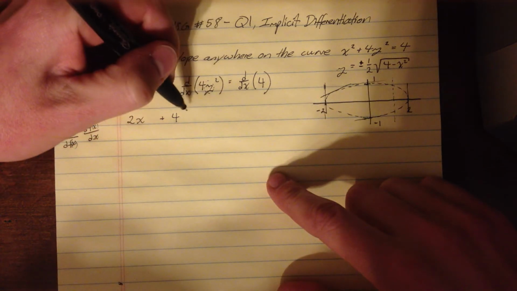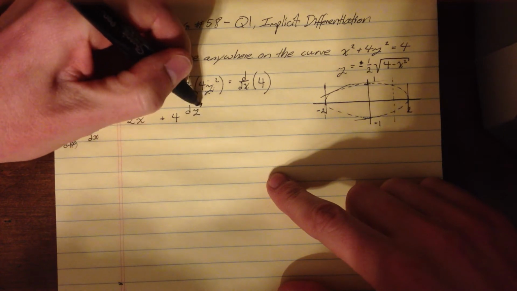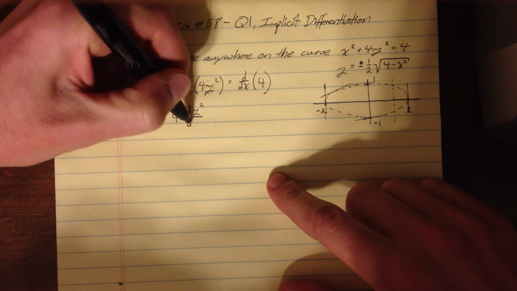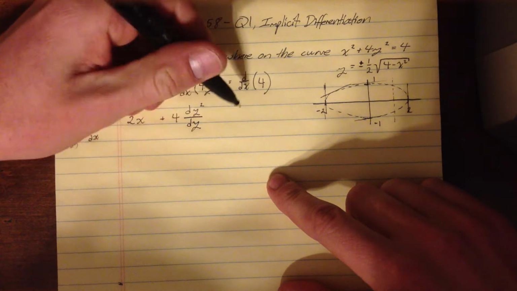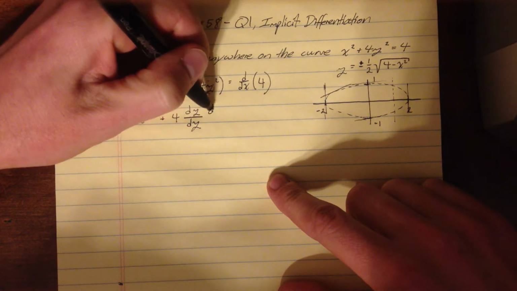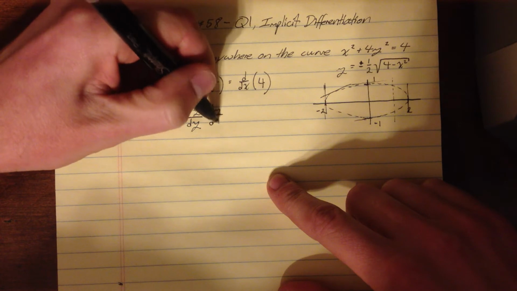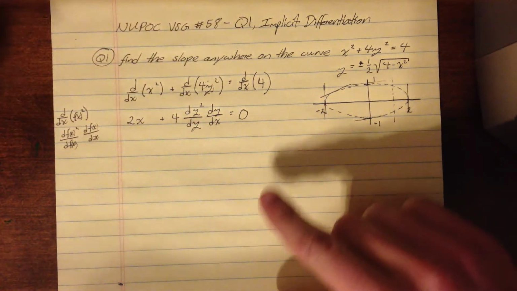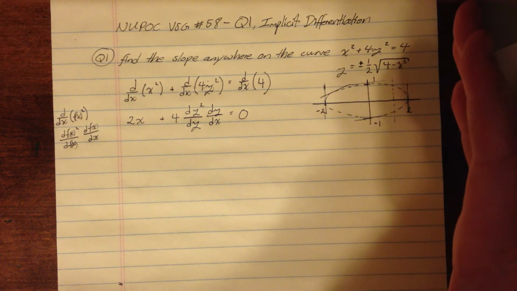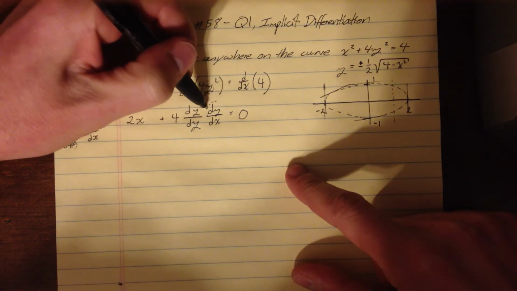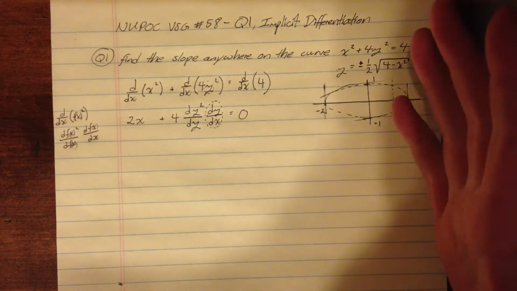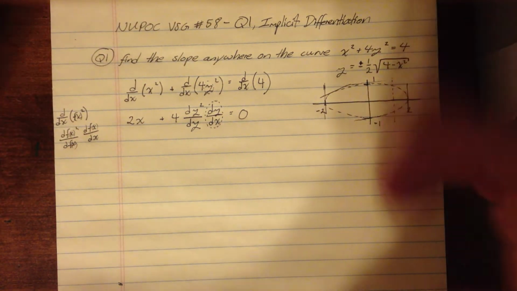So this would actually end up being d(y squared)/dy times dy/dx. And of course we know d/dx of 4 equals 0. So this is what we have, and this is what we're looking for. We want the slope, we want dy/dx, we want this term. So now this is very easy.